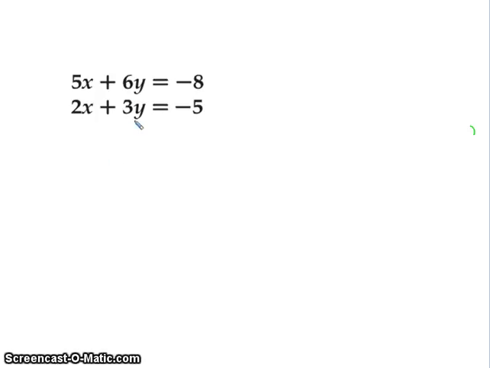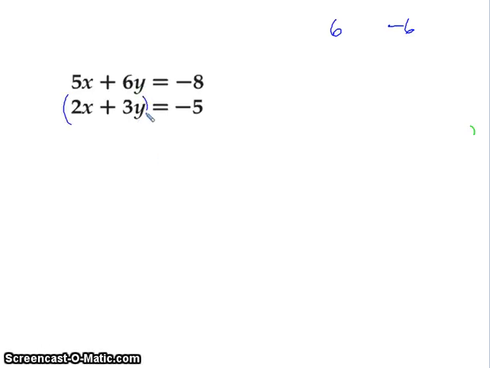But if I look at y, and eliminating y, it looks like I will only have to multiply the second equation by -2 in order to get a -6 here. Recall that 6 and -6 are opposites. And the numerical factor of a term is called the coefficient. So that's the number being multiplied by the variable.